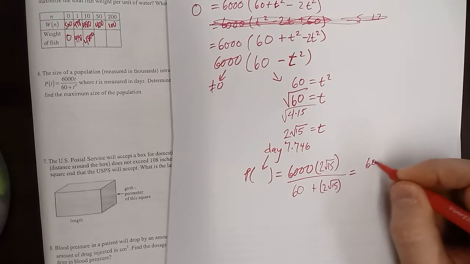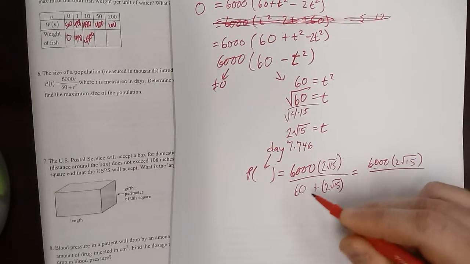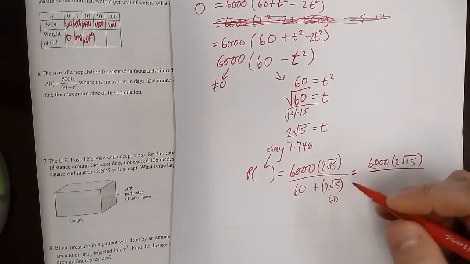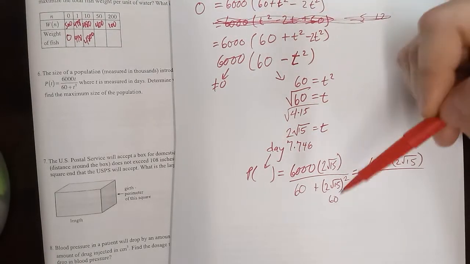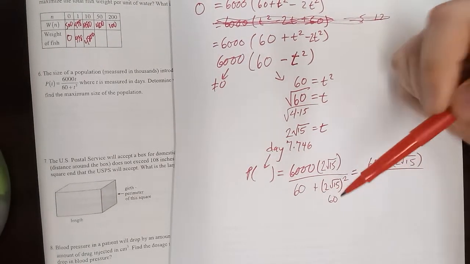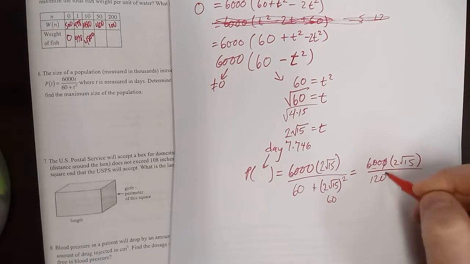So we get 6,000 2 root 15 over 60 plus 60, because that was squared, sorry, I forgot to write that, I got ahead of myself. So according to the original function, that's squared. So that's 120 down here, and you can do some cancellations here.